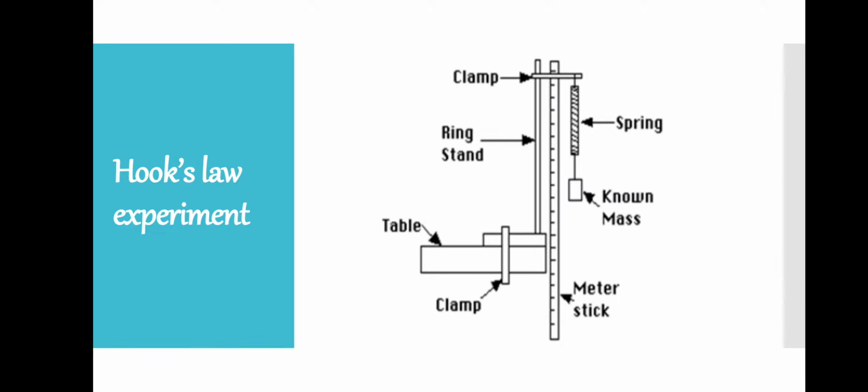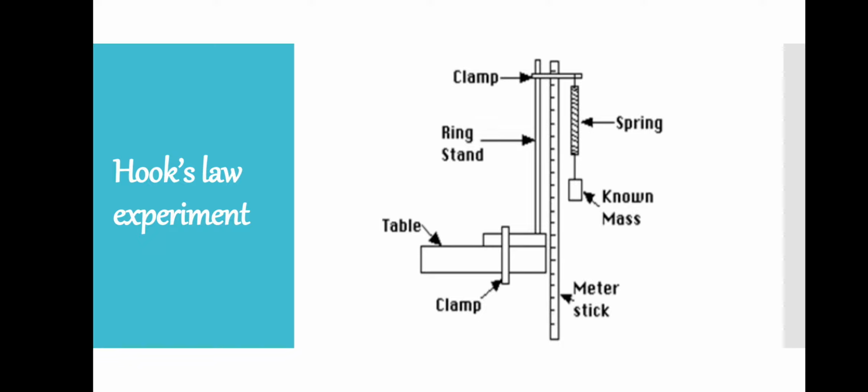Here is Hooke's law experiment. As you can see, first there is this spring and the unknown mass, and this meter stick is like a ruler, and these other things on the left ensure that this would not move, so the experiment would be perfectly done. Basically, the unknown mass is attached to the spring, that's why it's going to be stretched.